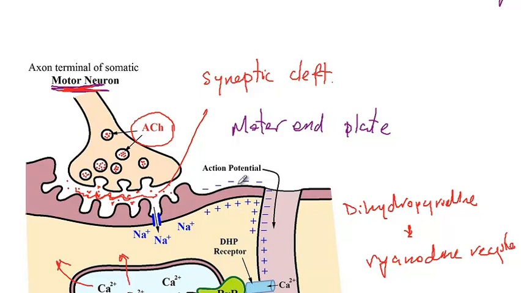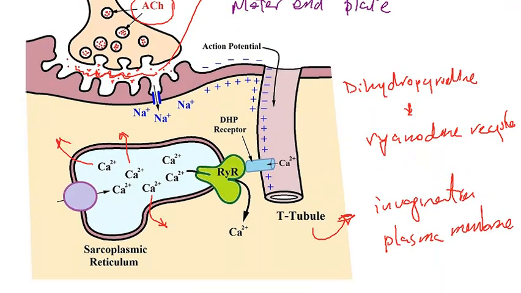And this action potential on the surface of a muscle fiber can go further deeper inside the muscle with the help of the T-tubules, which are special structures that are being created from invagination of the plasma membrane. Now this depolarization wave acts on the dihydropyridine receptor as well as the ryanodine receptors in order to induce release of calcium from sarcoplasmic reticulum.